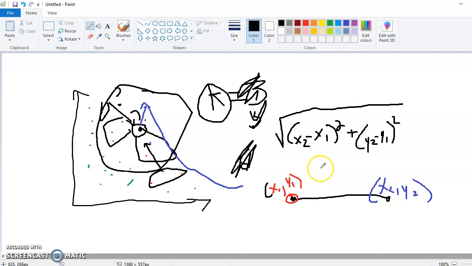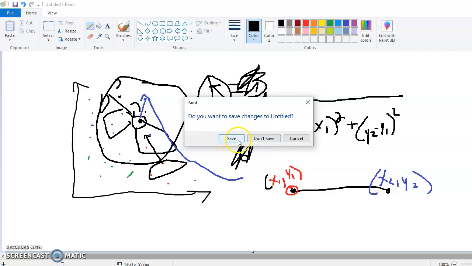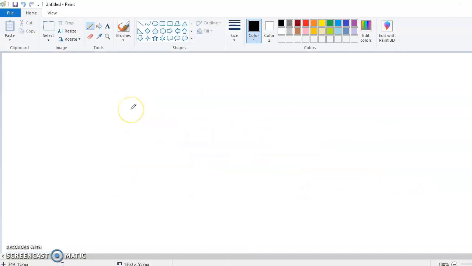Okay, so this formula right here, it's pretty good, right? Well, here's the thing. I'm just going to create a new document right now. And basically, in how TensorFlow and Python are going to work, you're going to have these lines with three dimensions, and you're going to be trying to classify your point.